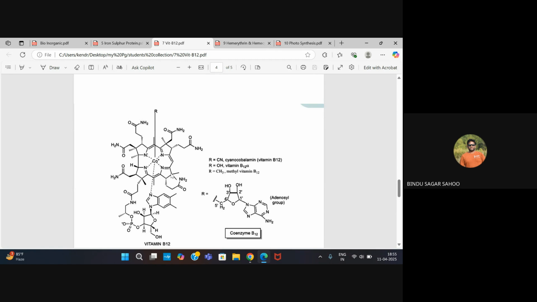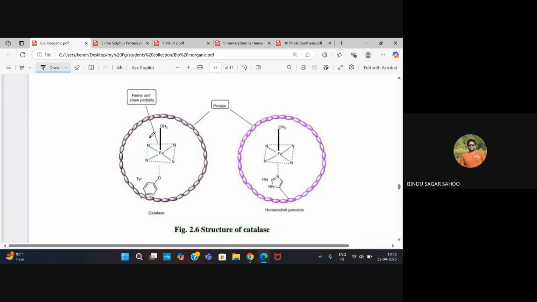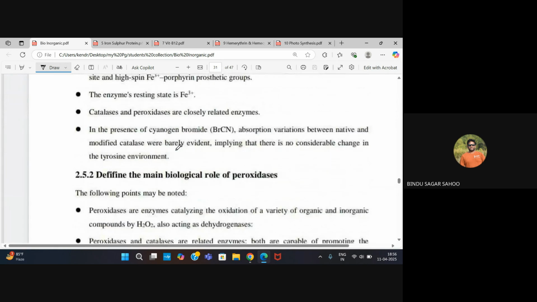That means it is a cyclic ligand, a porphyrin ring. The nitrogen is from a porphyrin ring. Here also the iron is surrounded by a porphyrin ring, and nitrogen is a part of the pyrrole ring. For representation, we simply represent nitrogen and iron. This whole part is called the heme unit, this Fe-N-N. So we can say this is a hemiprotein.